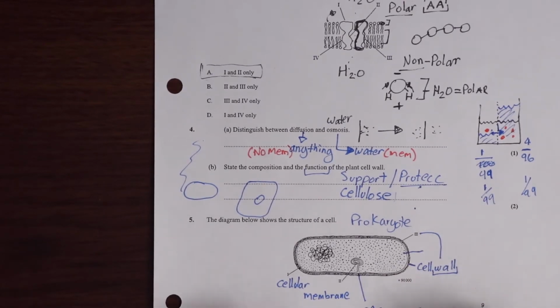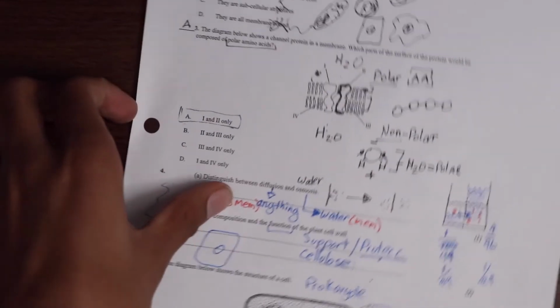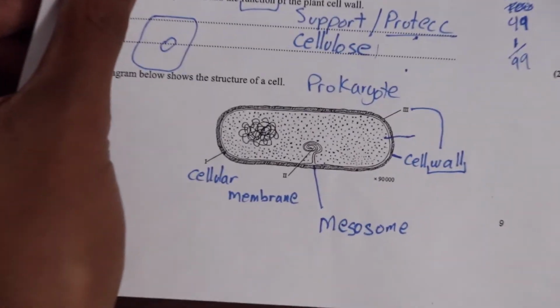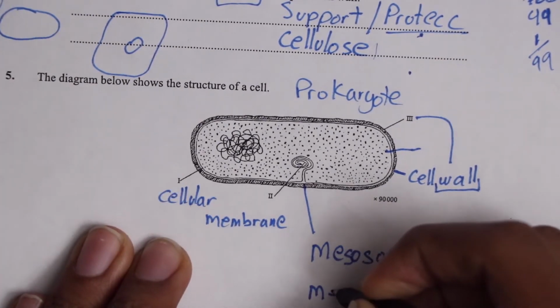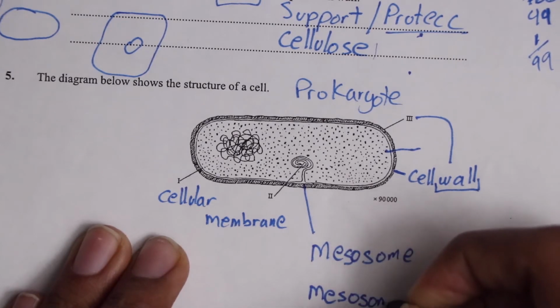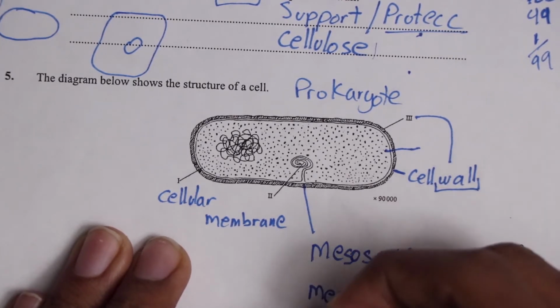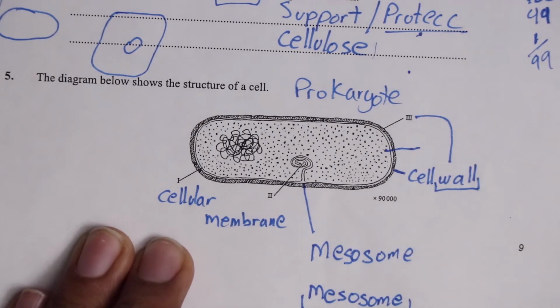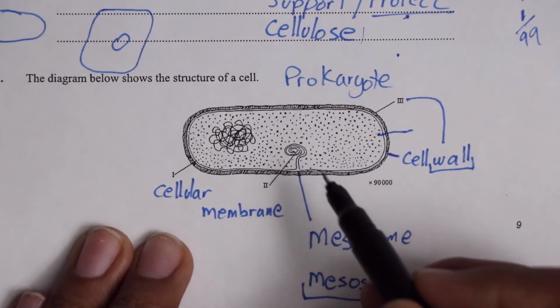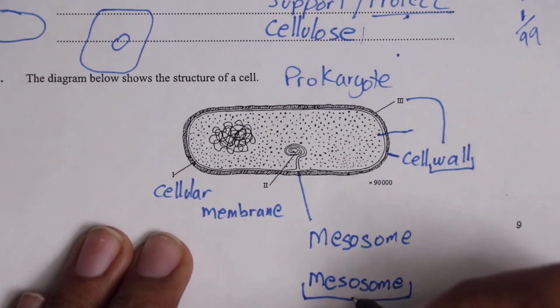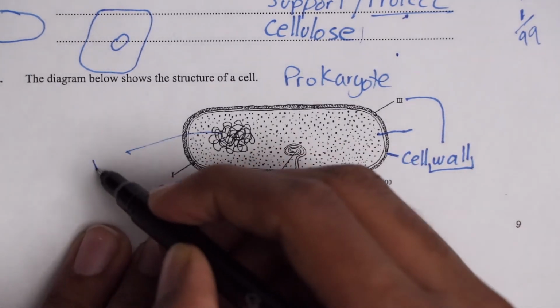Here, let me write that a little better, because we're going to need to know this. What it does is it increases the surface area of the cell membrane, the bacterial cell surface. And remember that whole thing about surface area to volume ratio, how it increased diffusion and the rate of stuff. Yeah, that helps increase that. As you can see, there's a lot of surface area there. Mesosome. This is just DNA.